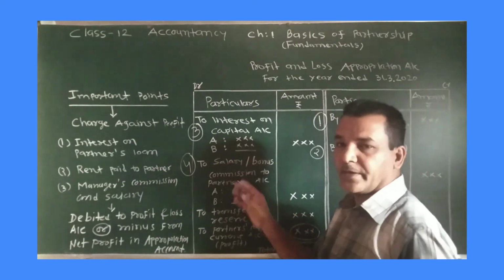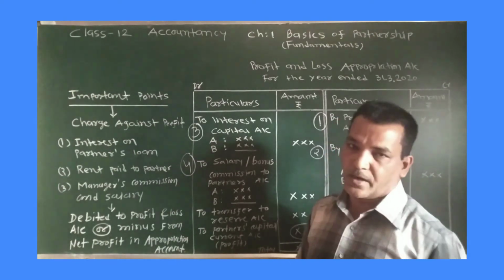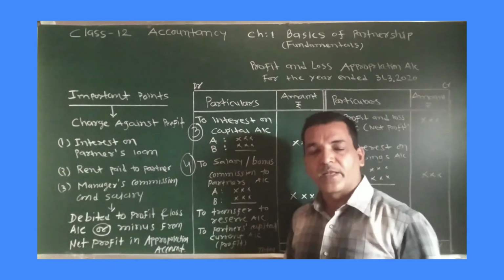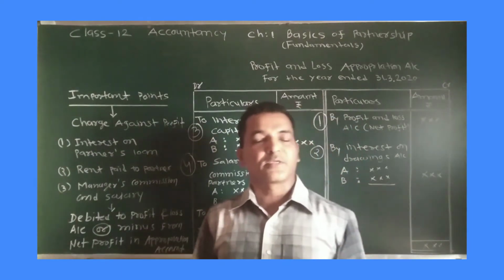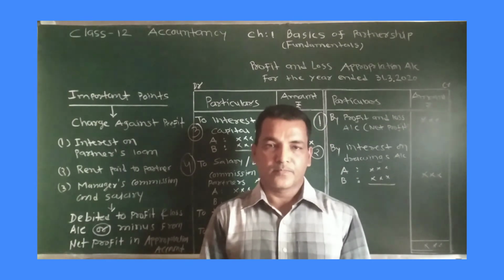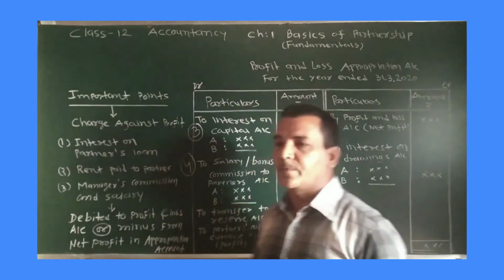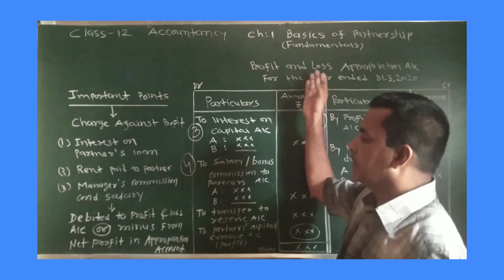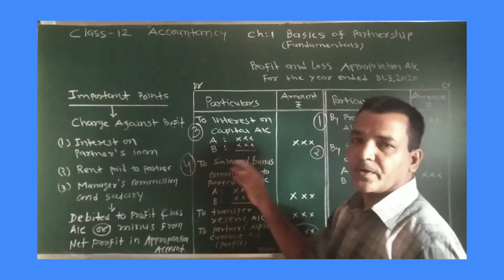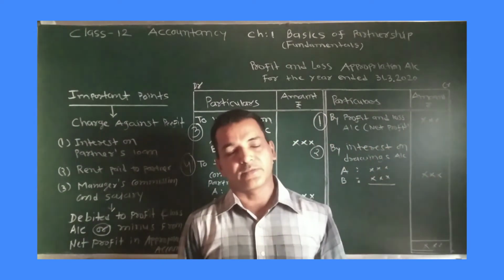All these will be debited to partners' capital or current account. Salary account debit, bonus account debit, commission to partner account debit to partners' capital or current account. And the second entry would be profit and loss appropriation account debit to salary account, to bonus account, to commission to partner. So here also two entries will come.